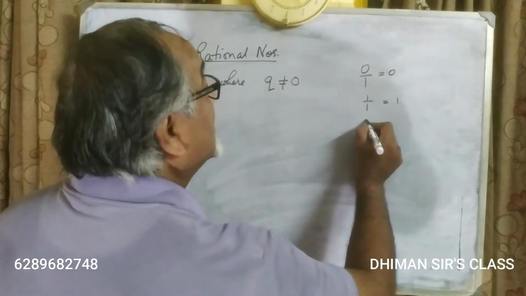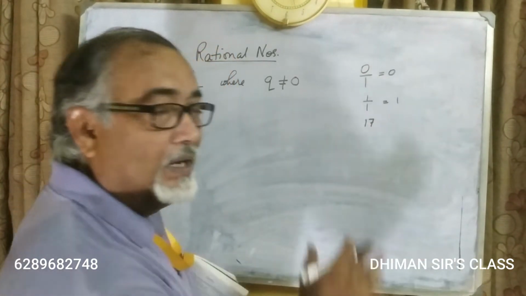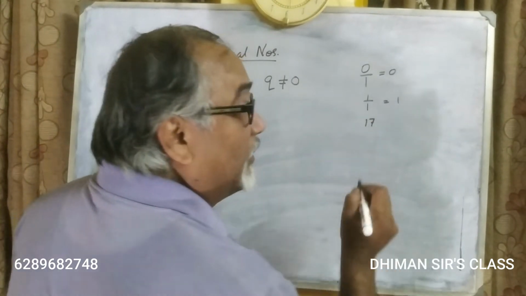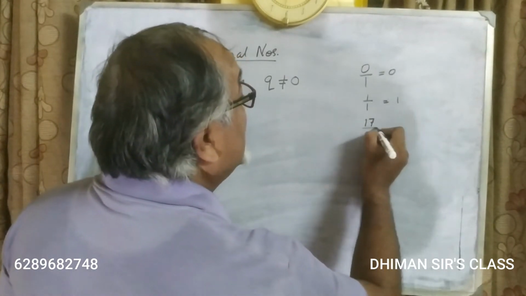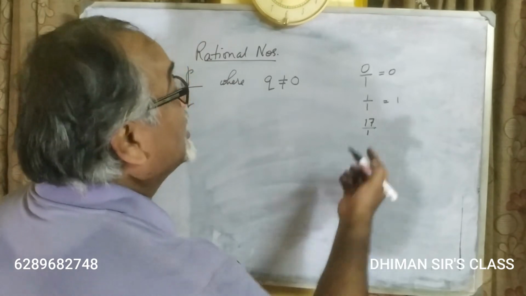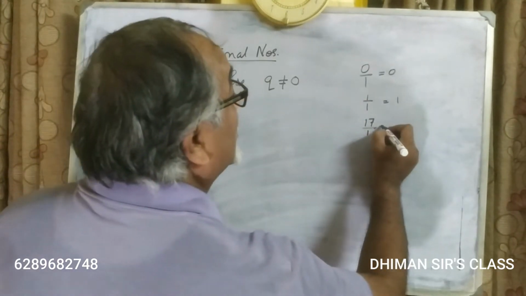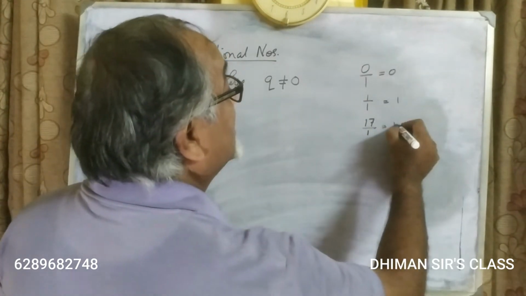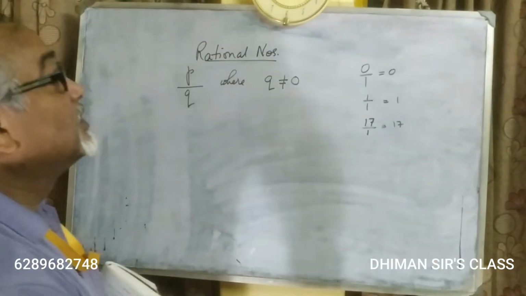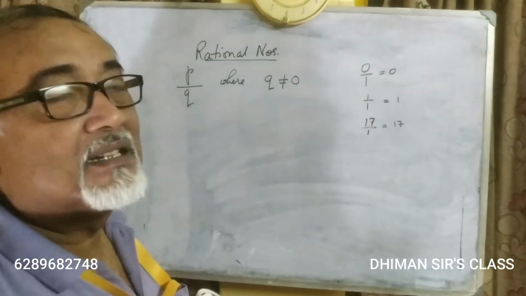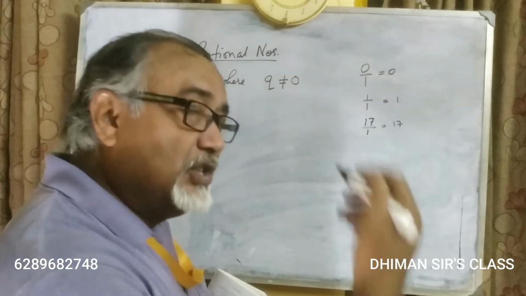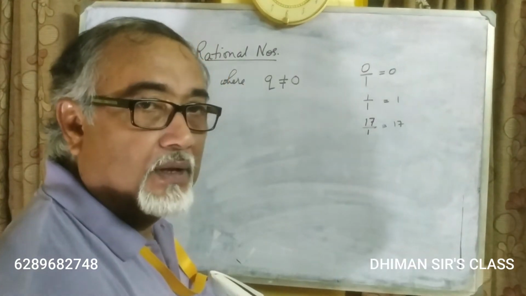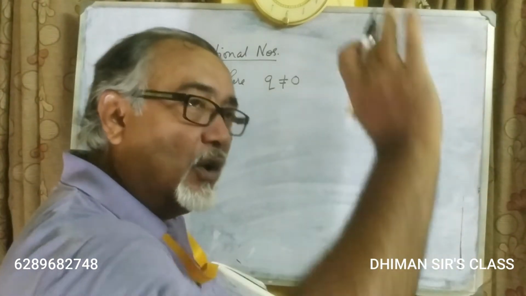Like this, suppose 17 only is given. In the form of p by q, we write 17 by 1, and q is not equal to 0. So it is also a rational number. Therefore, all those numbers that start from 0 to infinity are called whole numbers.